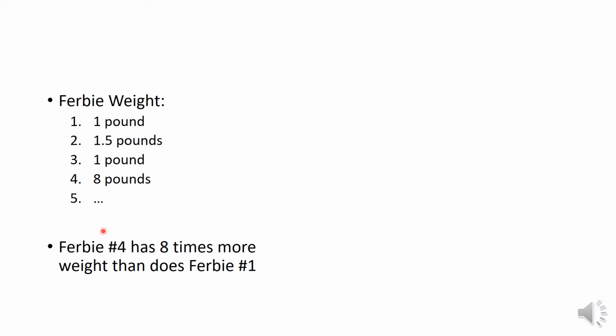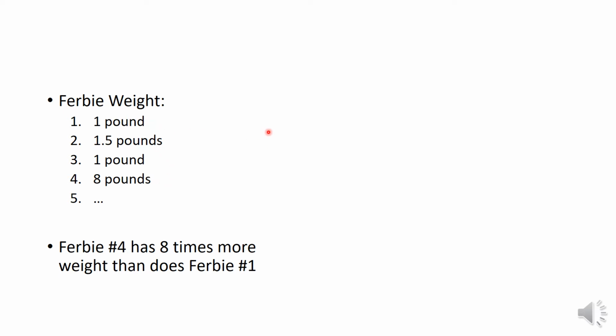For example, notice that Furby number 4 weighs 8 times as much as Furby number 1. That ability to compare in a numerical way, this one is 8 times as heavy, means we know how they relate to each other numerically. We don't get that in every single variable.